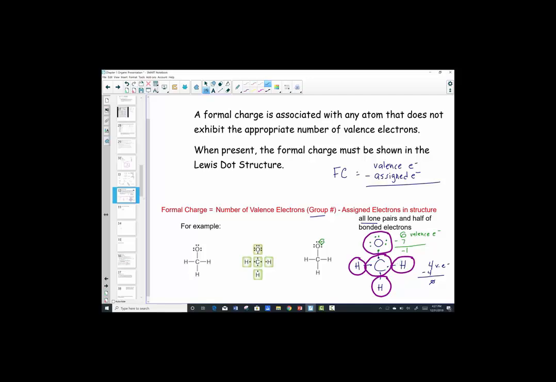Each of the hydrogens has 1 assigned electron inside its circle. Hydrogen lives in group 1A, so it has 1 valence electron minus the 1 that's assigned, giving it a value of 0. So the one and only atom with a formal charge in that example structure is the oxygen, and it was determined to be a -1.